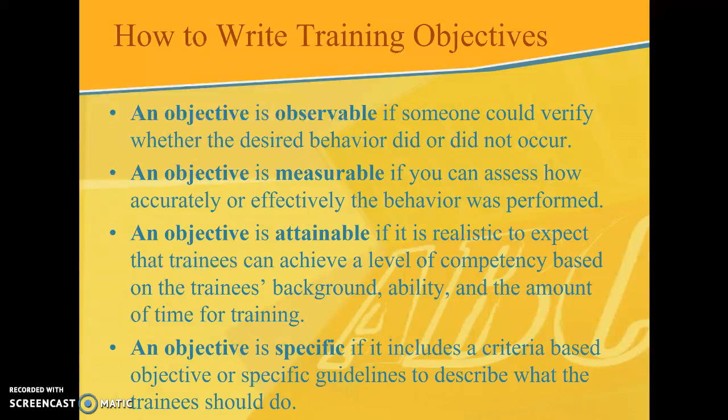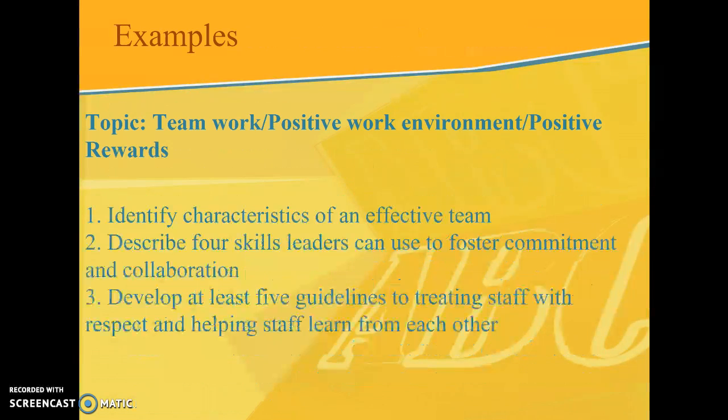Third is the objective attainable, meaning if we have a 16-week class or if we have an 8-hour training session, can we actually accomplish the goals of the training during this time? And then last but not least, is the objective specific? Meaning, do people understand the criteria based on specific guidelines that describe what the trainee should do?